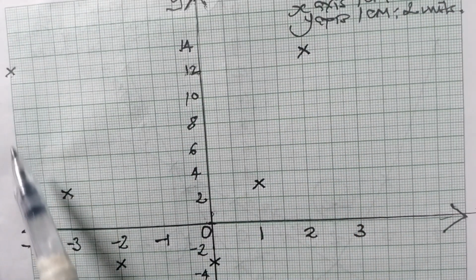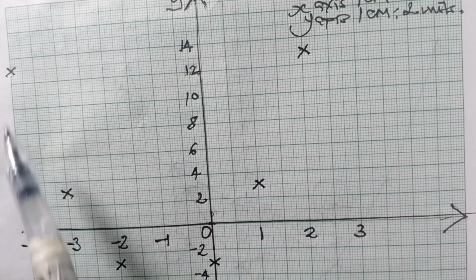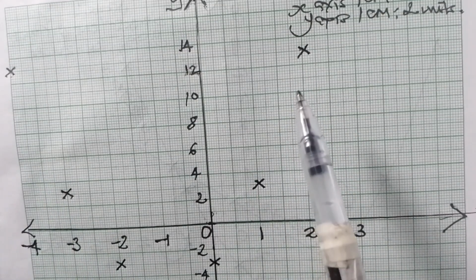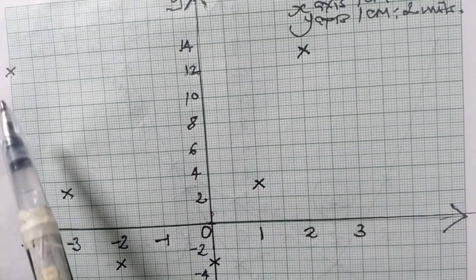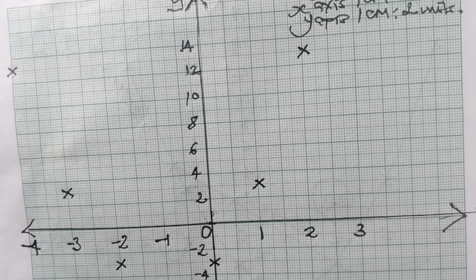So it is more or less giving us the nature of a U-shaped curve, as I'm showing. You don't need to use a ruler, that will be wrong. Use your free hand to draw a smooth curve.